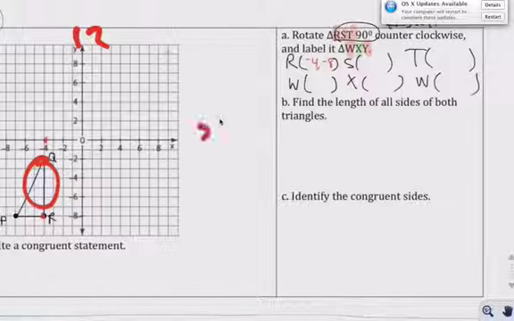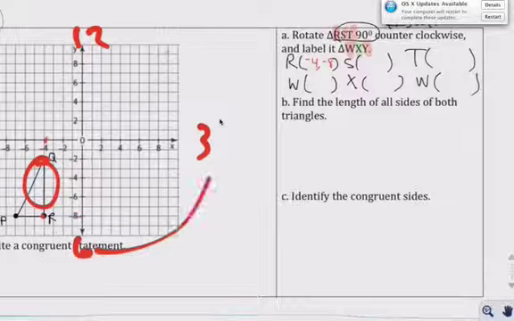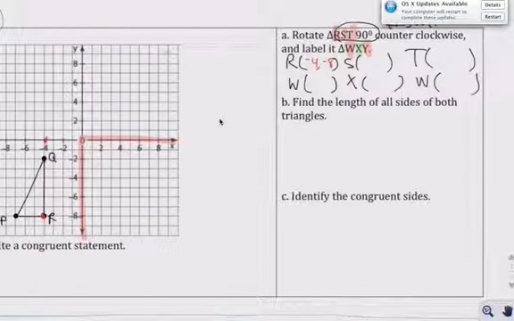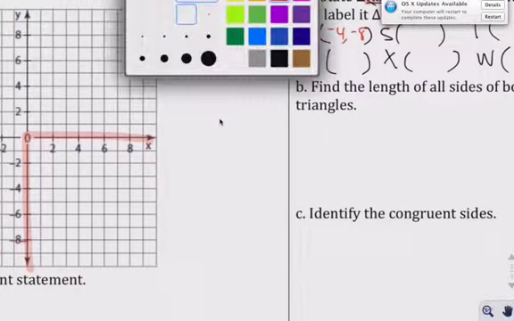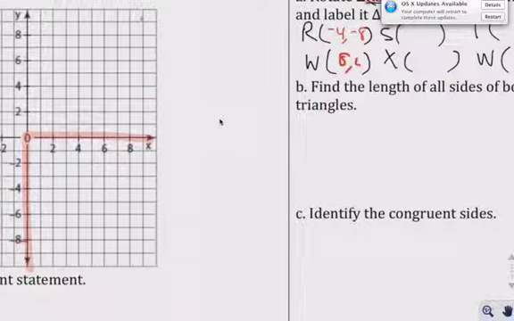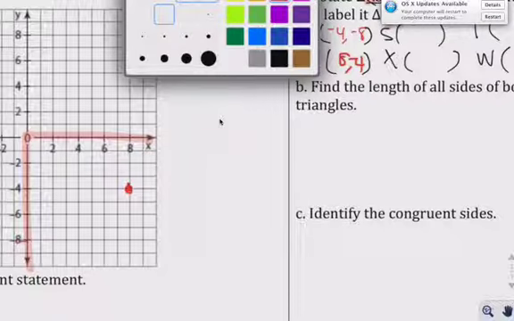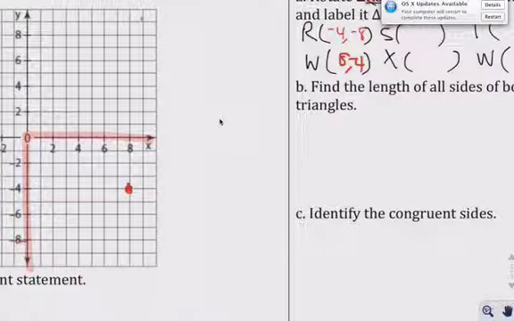There's 12, 3. That's going the correct way. Counter is going this way. So my answer will be in this box right there. So instead of negative 4, negative 8, it'll be 8, actually 8, negative 4. And that's W.